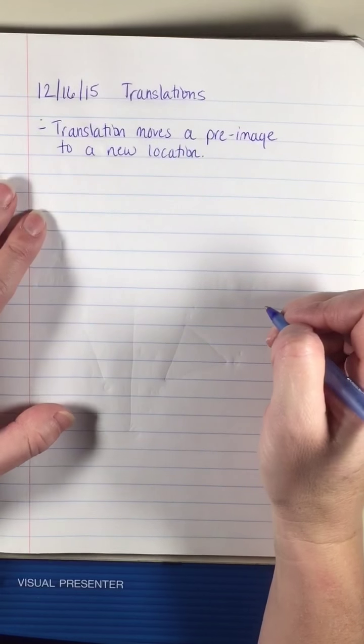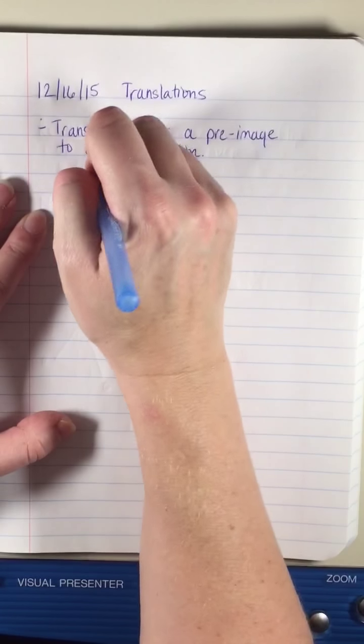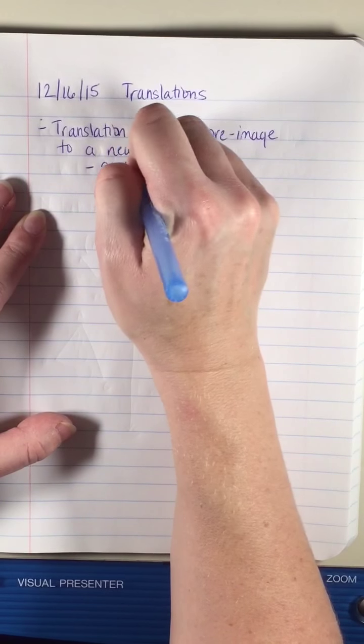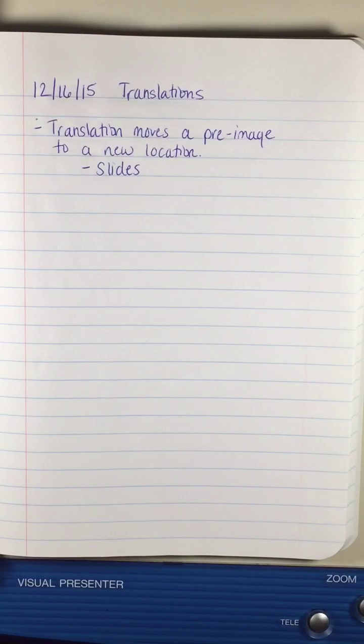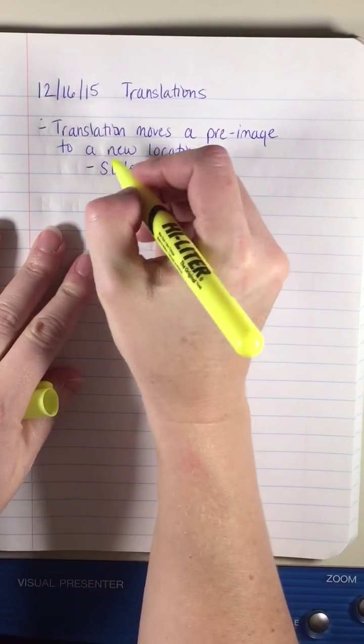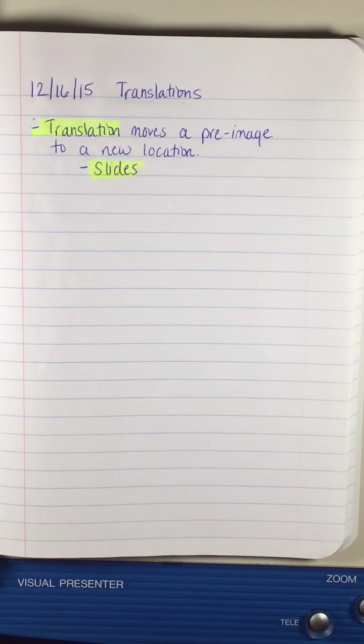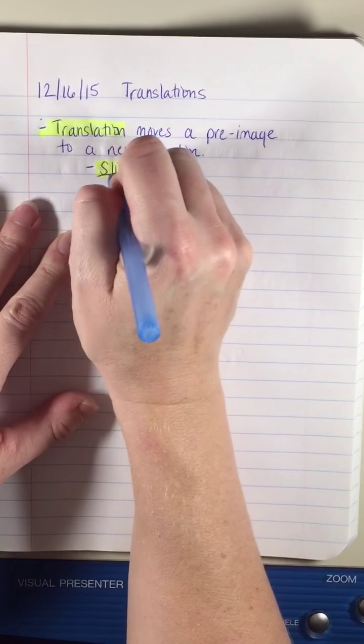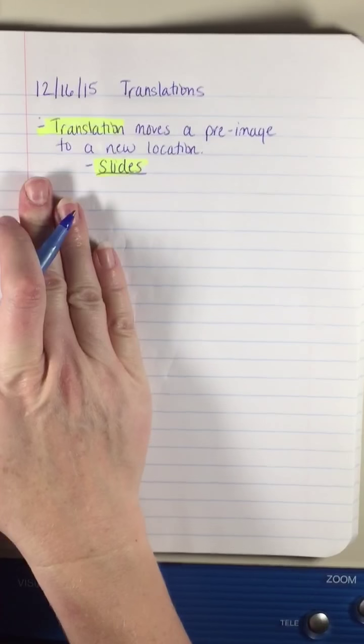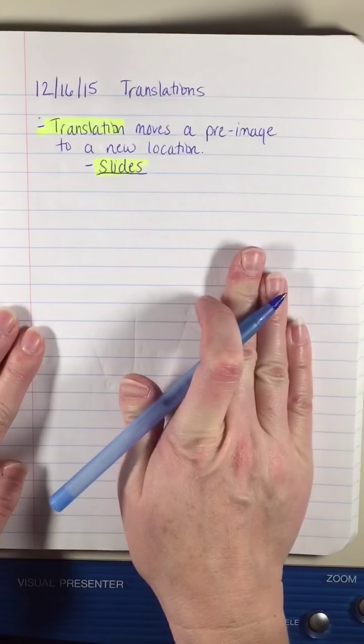So we often call translations slides. So slide helps us to remember what it is, so I'm going to highlight that. So translations are slides. So we physically take the picture that we start with and we slide it.